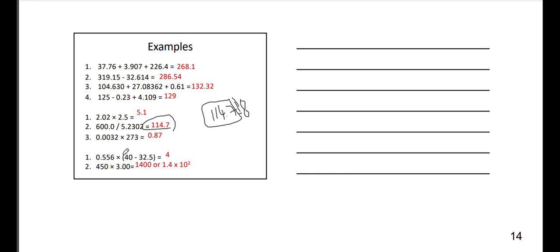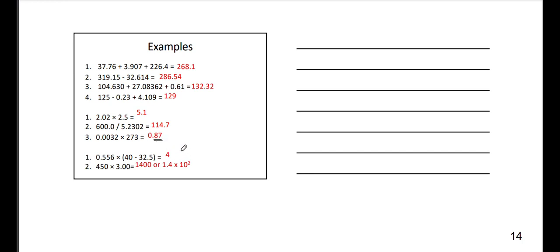Let's do this multiplication. How many significant figures do I have on this one? I have 1, so this one has 2 significant figures, right? How many significant figures do I have on the 273? This one has 3 significant figures. So how many total significant figures should I have in my final answer? I should have only 2 significant figures, right?